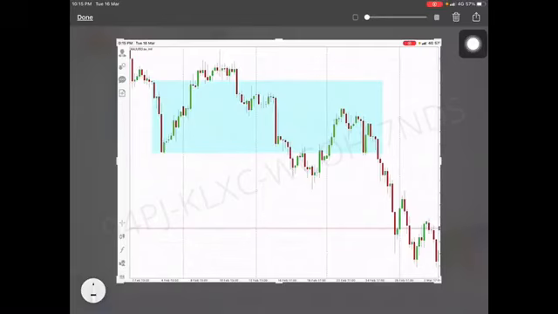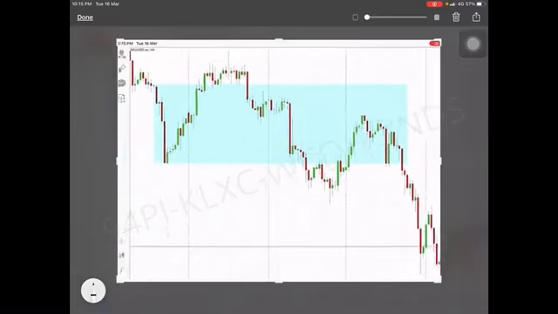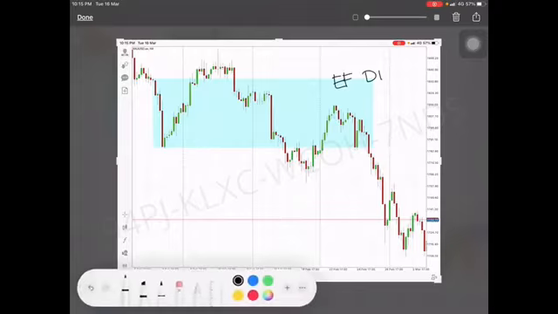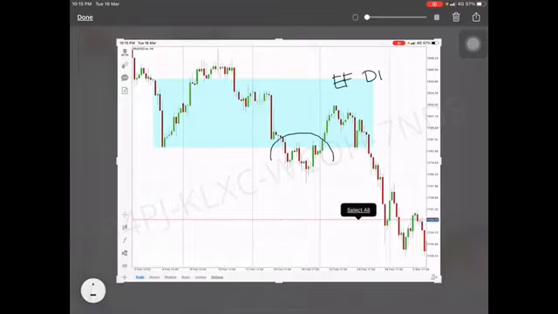This is the area. Let's say you marked the EF zone. This is the daily EF zone. So what is this? Is this a sideways pullback?